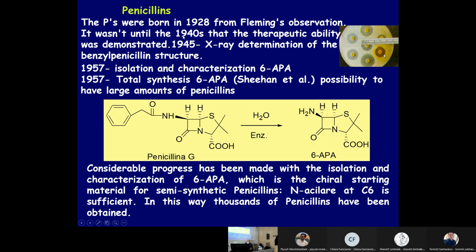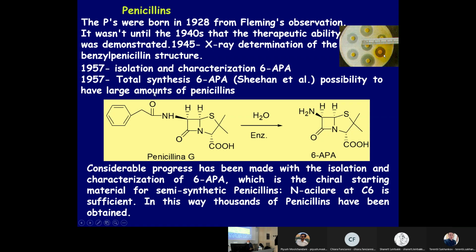However, you see, 1940s, demonstration of the therapeutic ability of this compound. 1945, X-ray determination of the benzyl penicillin structure. 1957, isolation and characterization of the nucleus of penicillin, 6-aminopenicillanic acid.